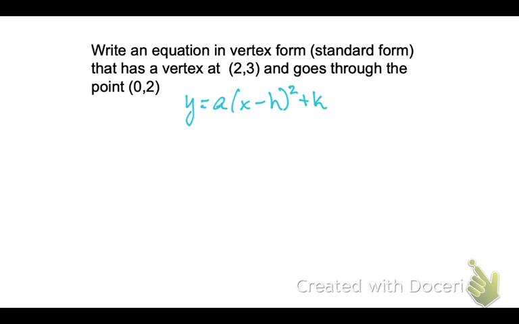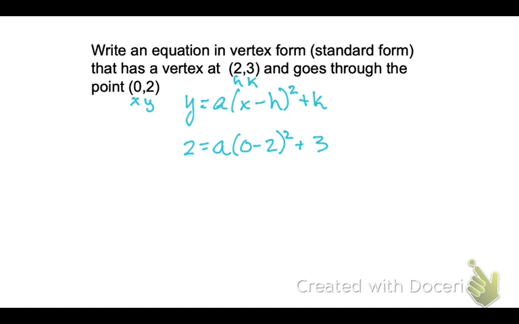We insert the point. Y is 2. We don't know A. What is X? 0. 0 minus 2 squared plus 3. Okay, if you want to put X, Y, H, K, does that help?